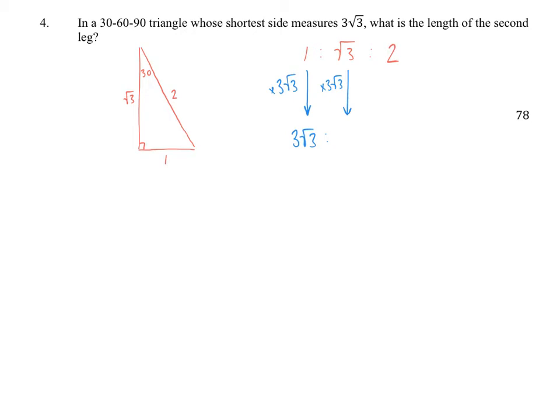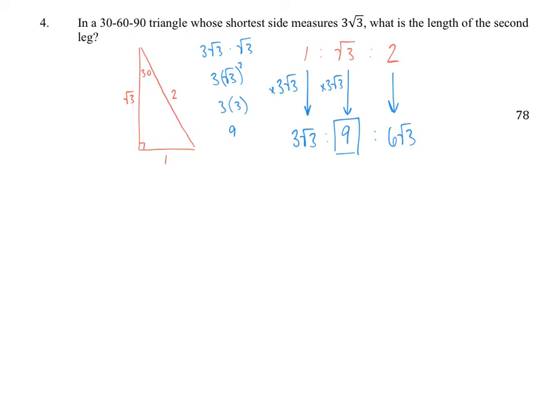And we can just do that here off to the side. 3 radical 3 times radical 3 equals 3 radical 3 squared, which is the same as 3 times 3, which is 9. So what is the length of the second leg? 9. All right, and we don't even have to figure out what this would end up being. But if we did, it would be 6 radical 3, because we multiply 2 by 3 radical 3.